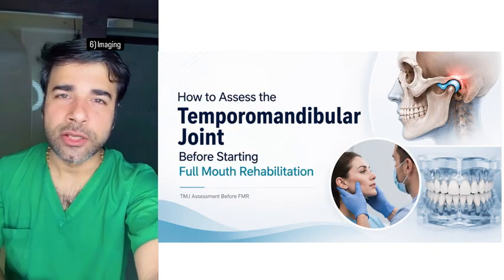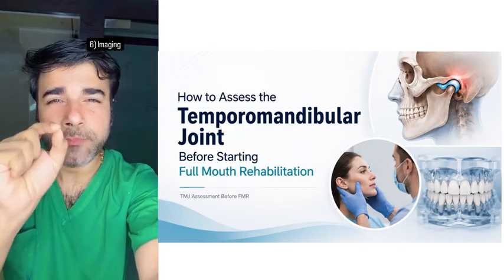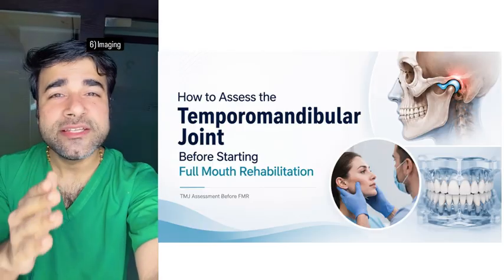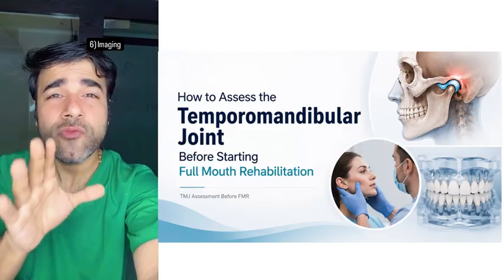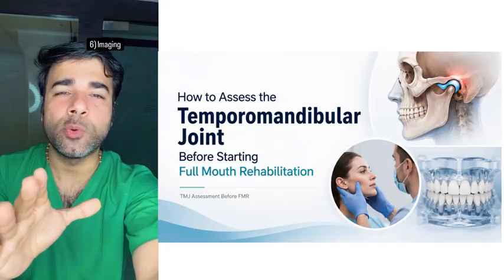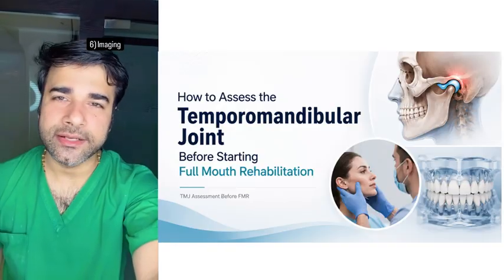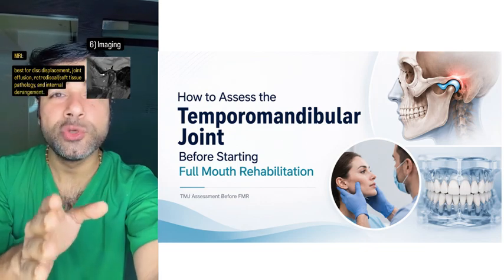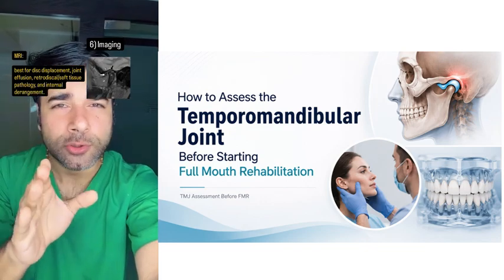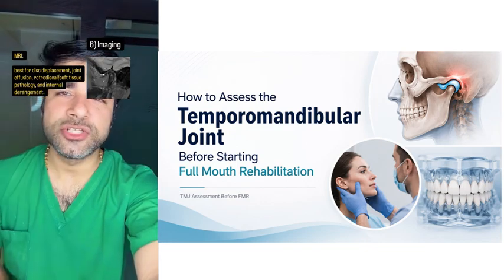Next, imaging. Choose the modality by the suspected problem. Use imaging when your history and examination suggest structural disease or when the findings will change the sequence or extent of rehabilitation. MRI is best for disc displacement, joint effusion, retrodiscal or soft tissue pathology and internal derangement.